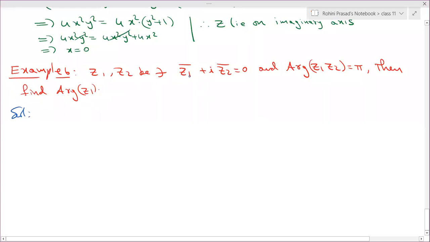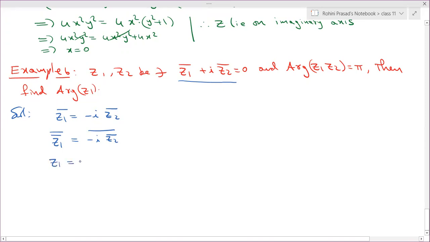So if you try to improve this information given, you can write Z1 bar equal to minus i Z2 bar. Just to get the information in terms of Z1, take the conjugate on both sides. Z1 bar whole bar equal to minus i Z2 bar the whole bar.